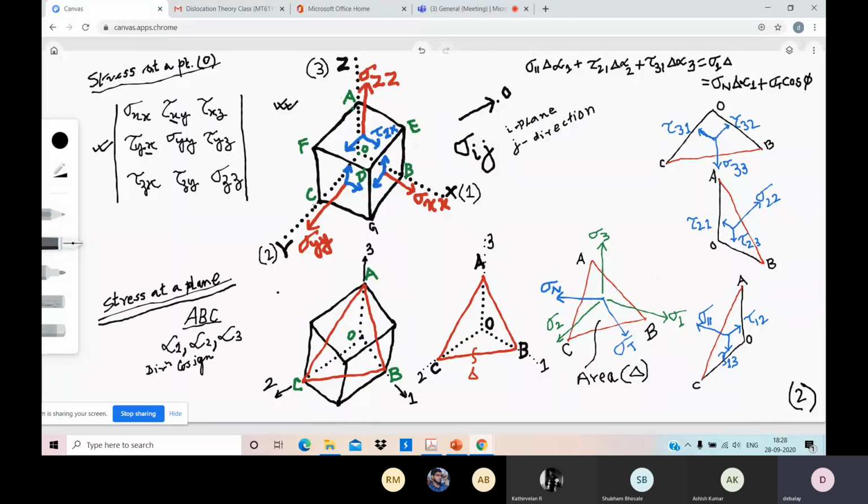So you see here inside that body, I have drawn a particular plane in red color, which is ABC. And I want to know what is the stress acting on the plane ABC and how to represent the stress on the ABC plane.